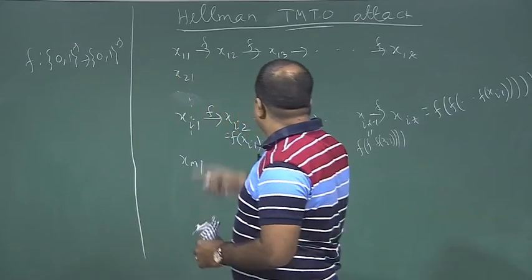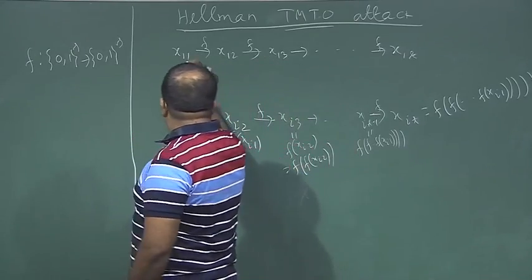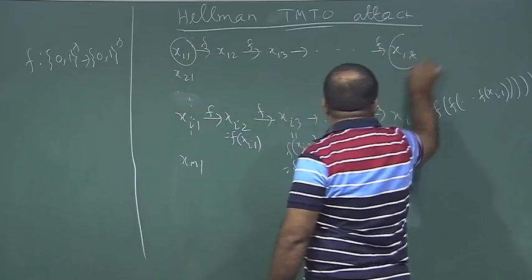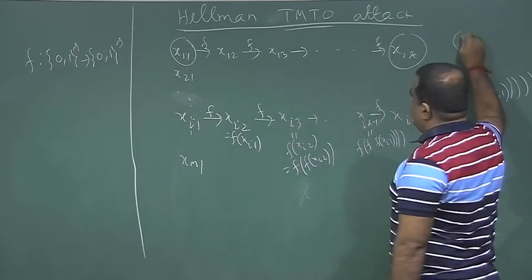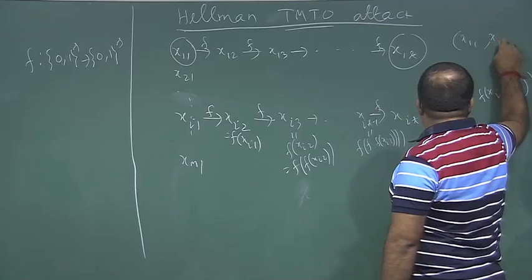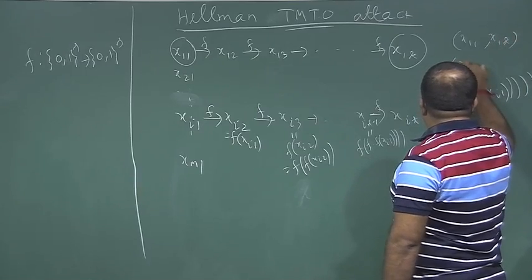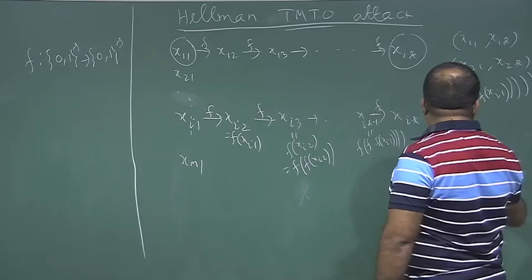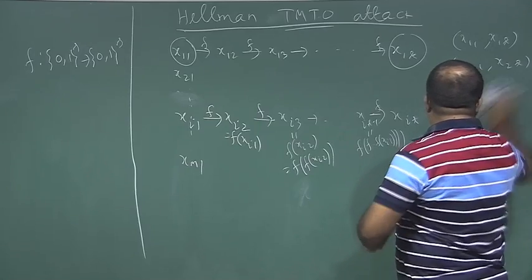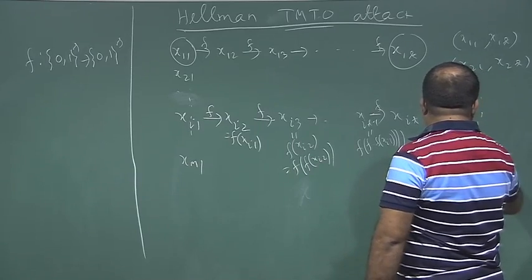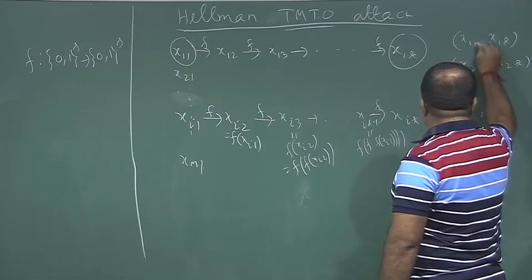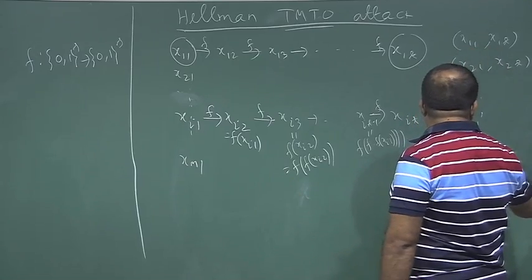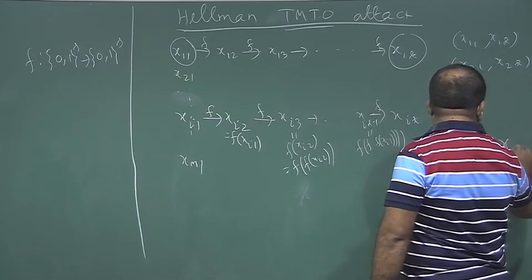So, we compute this, then we store this point and this point. So, x 1 1 comma x 1 t like this, for second x 2 1, x 2 t like this, and x m 1, I mean in the slide it is from 0, to x m t.